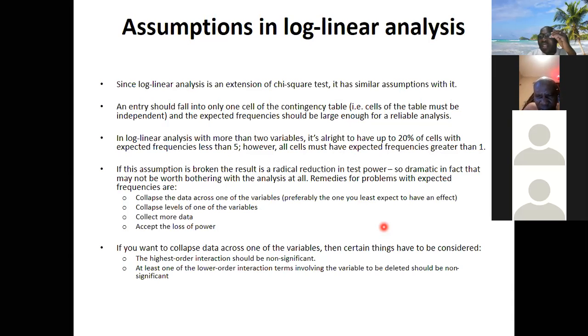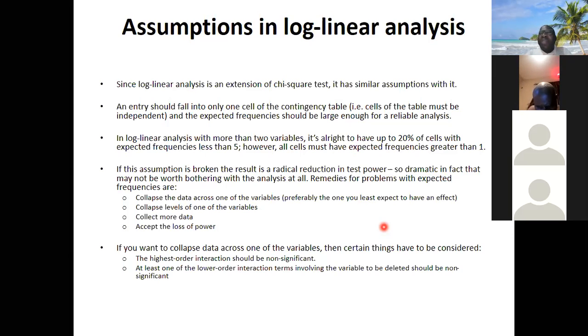What it means when you say there's a reduction in the power is that you may find something is not statistically significant when it may not be true, because the power has gone down. Maybe in that data set it's supposed to be significant, but it's not significant because the power is very low.